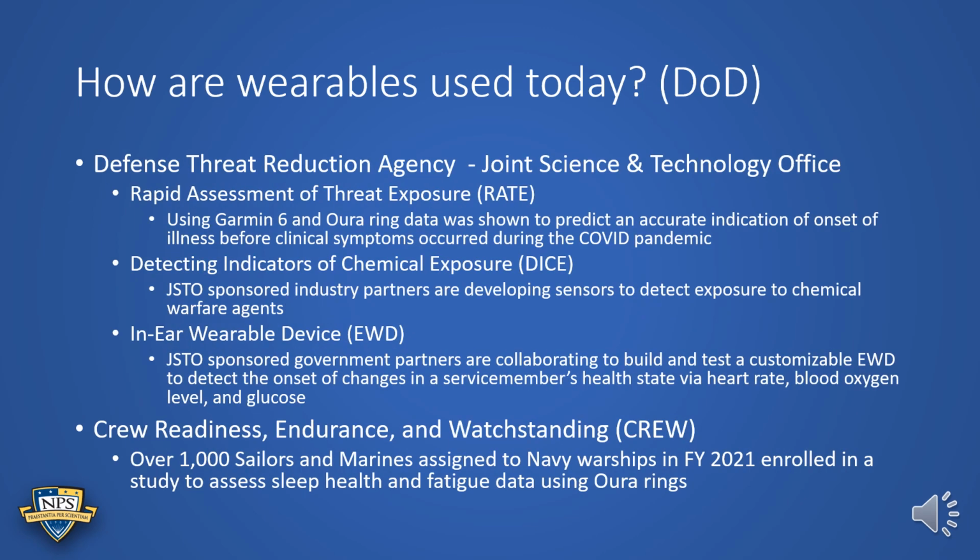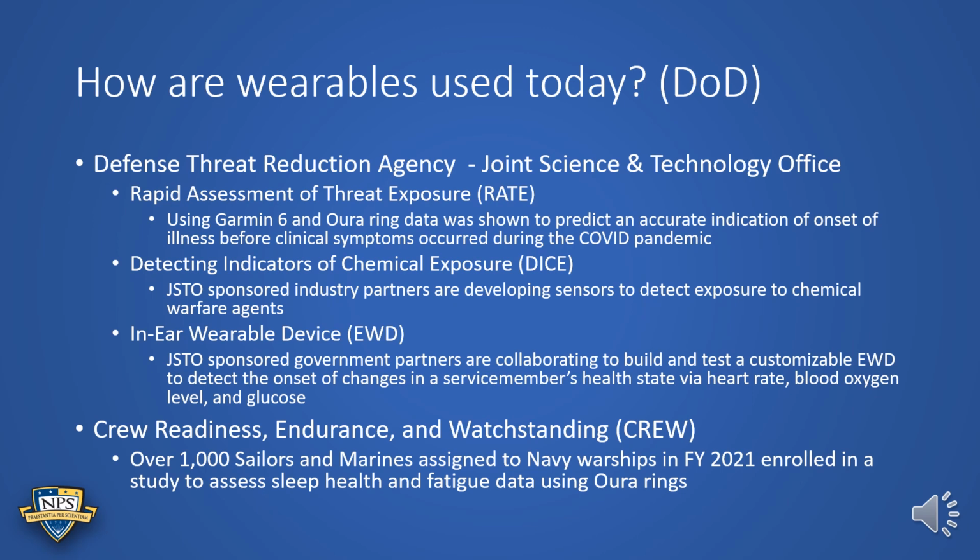More on how the DoD is using wearable technology. The Defense Threat Reduction Agency, through the Joint Science and Technology Office, is working on several projects. First was the Rapid Assessment of Threat Exposure project, which used Garmin 6 smartwatches and Oura smart rings to show that it was possible to predict onset of illness before clinical symptoms occurred in COVID patients.